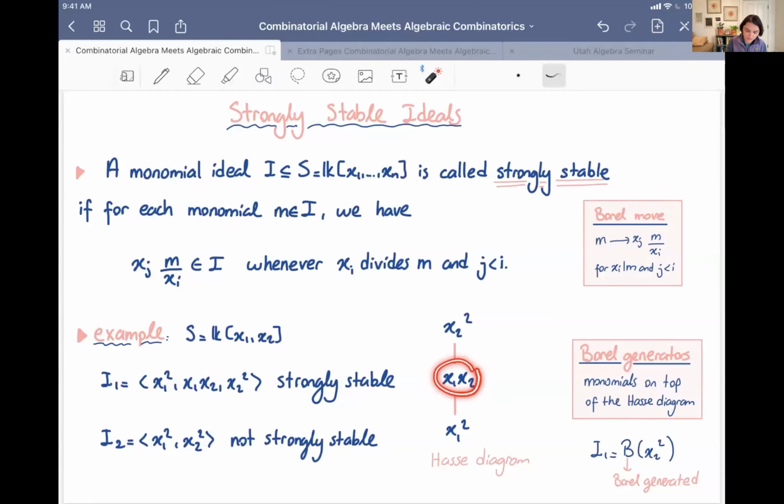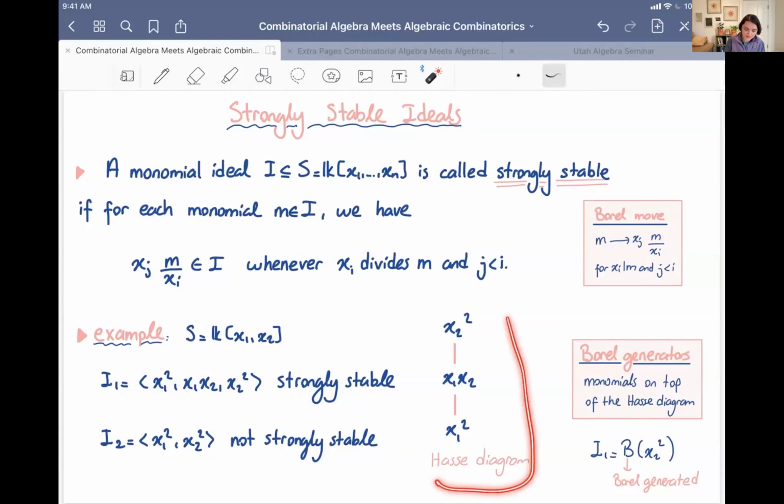So this is obtained from x2 squared via a Borel move, and x1 squared is obtained from this one via another Borel move. All the generators in this ideal are obtained from this one through a sequence of Borel moves, and the same thing applies to all the other monomials. So this ideal is strongly stable, but the second one is not, because even though we can obtain x1x2 from x2 squared via a Borel move, it's not in that ideal, so it's not strongly stable.